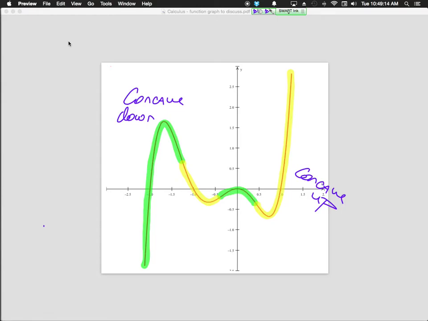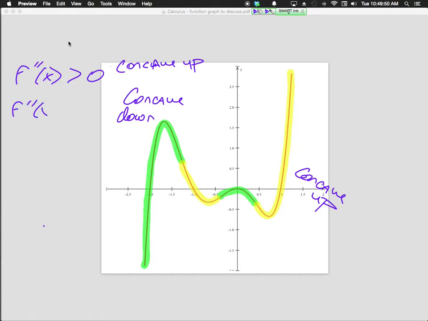We said today we're going to use the first derivative to talk about the second derivative, because the second derivative is what tells me whether I'm concave up or concave down. If the second derivative is greater than 0, which means positive, we are concave up.